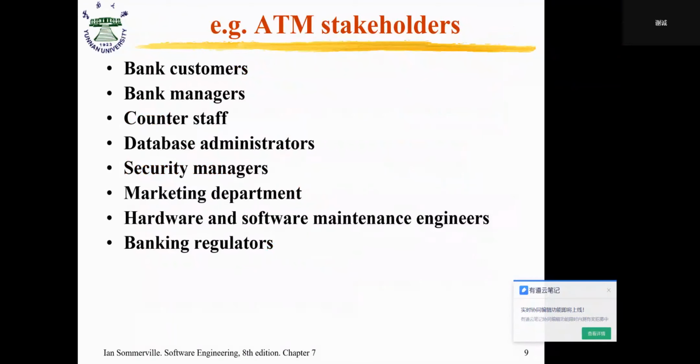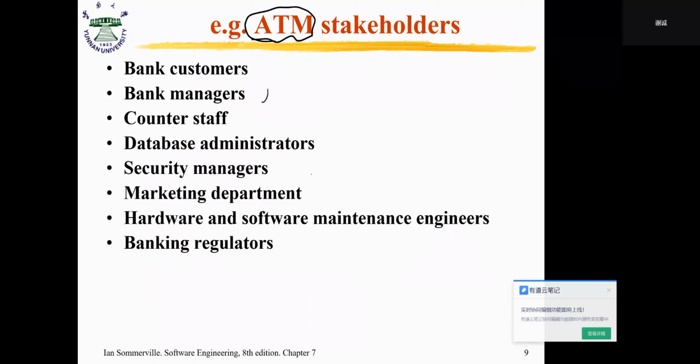Let's have a look at a stakeholder example here. I think you know the ATM. An ATM is a machine where you can save money, withdraw money, and transfer money. Okay, an ATM system. When you need to develop an ATM system, there are many stakeholders.